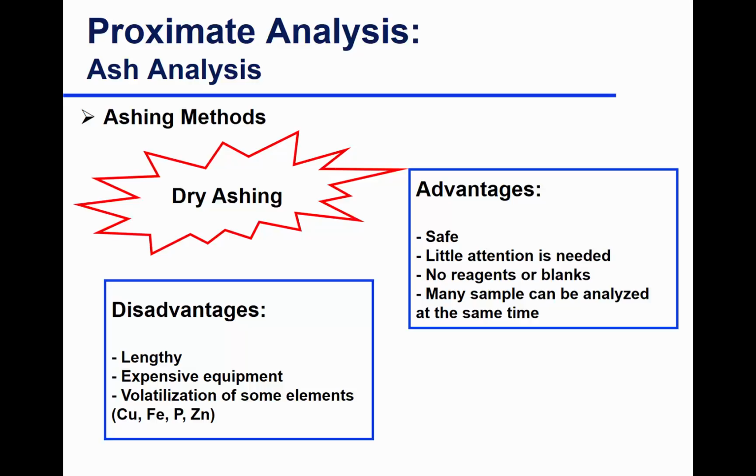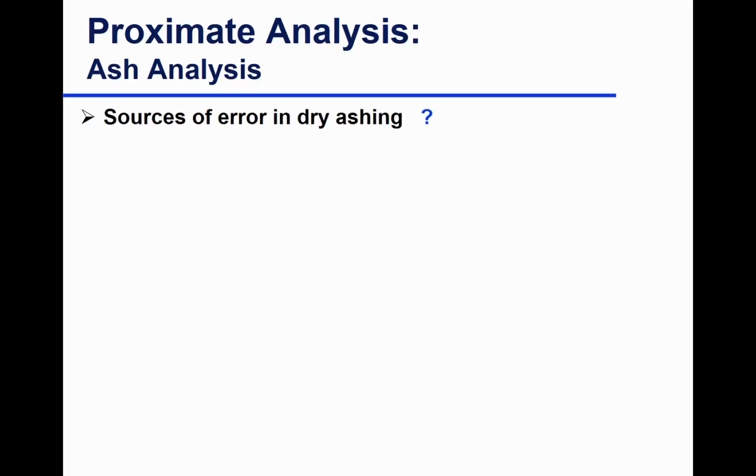A disadvantage is that at the beginning it's expensive equipment, but once you have it in the lab, it's just a one-time purchase. Another disadvantage is the loss of volatile minerals if you are after analyzing them, so you have to be cautious in how you prepare the samples. It is a safe method. No reagents or blanks are needed, so it's pretty straightforward. And like I said, little attention is needed and many samples can be analyzed at once.